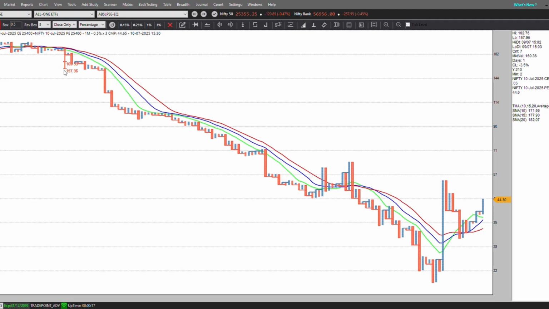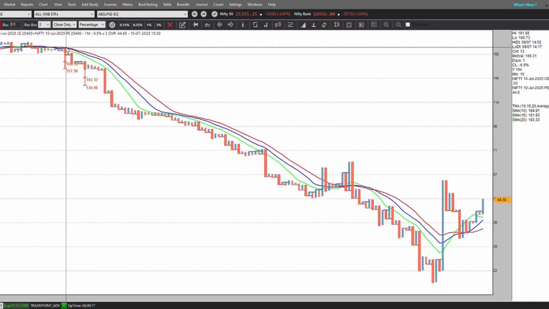So this was our two targets. I will not open multiple counts of this bearish anchor column, because we are having the target of 157.